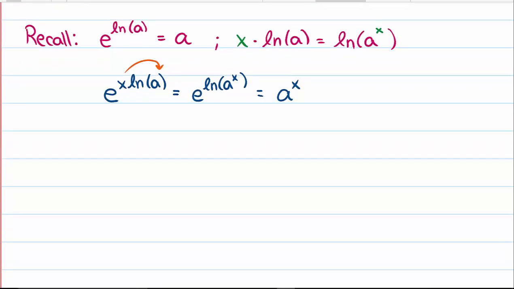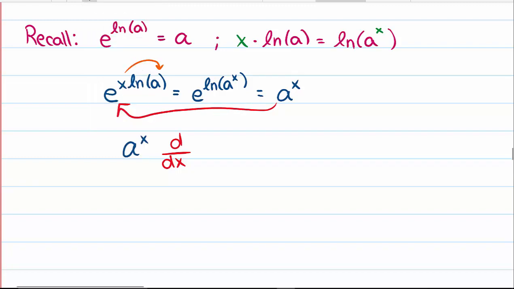Okay? So we're going to use that in order to start with the function a to the x, and we're going to take the derivative with respect to x. And we just noticed that a to the x is the same as this. Okay, they're the same thing.